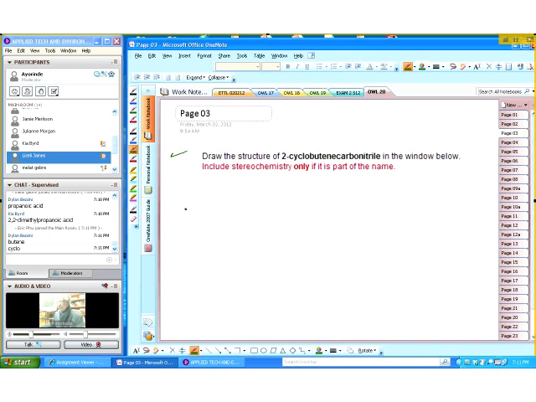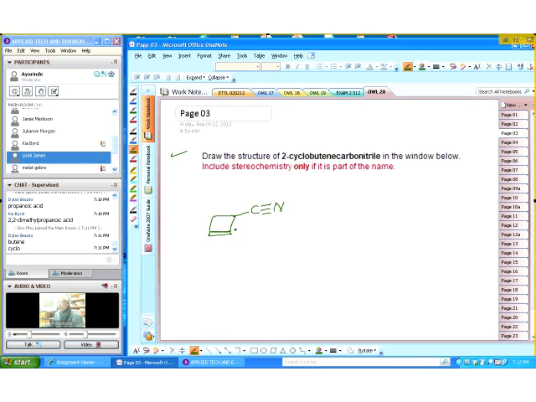So this will have to be cyclobutene, 4 carbon atoms. Okay, we say carbonitrile means we have a carbon-nitrogen triple bond, which is a nitrile. And then we say 2. Keep in mind, this is position number 1 right here, and therefore this is position number 2.